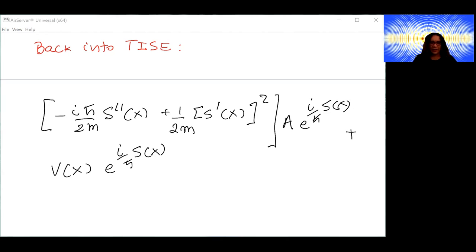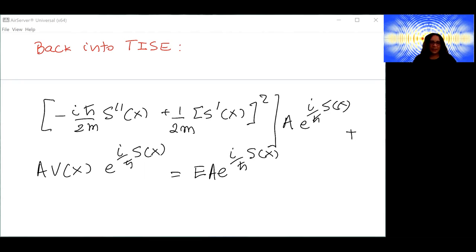And here we're going to have E, which is the energy, times A e^{(i/ħ) S(x)}.